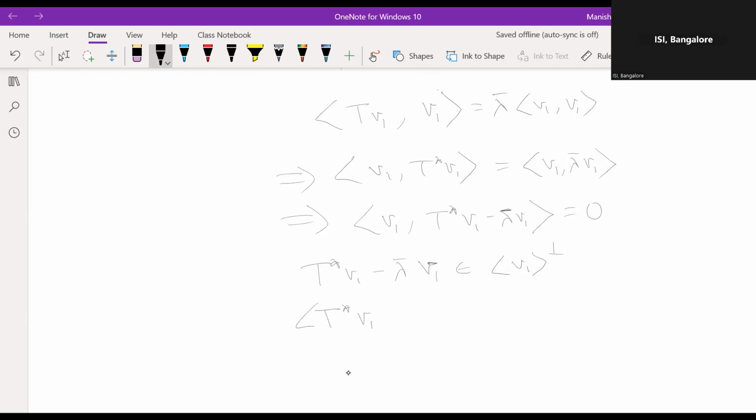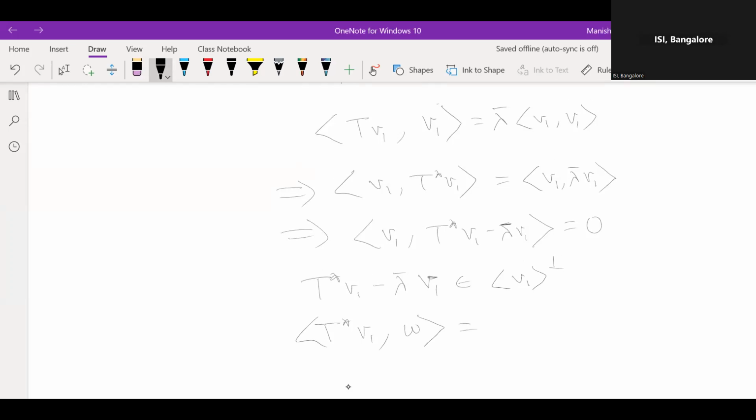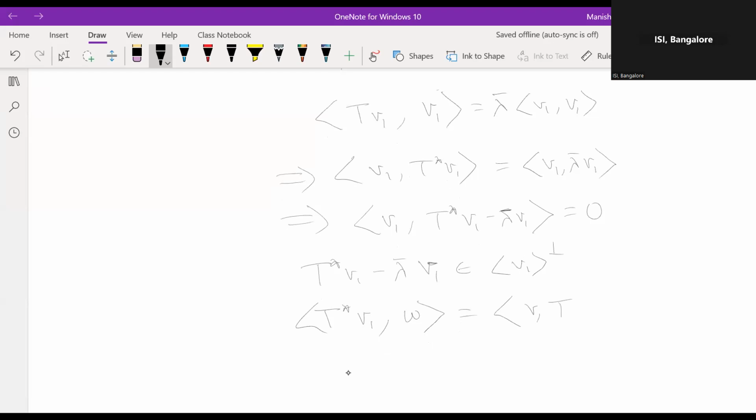So note that the inner product of T star V1 and W is the same as V1 comma TW. But why is TW going in circles?